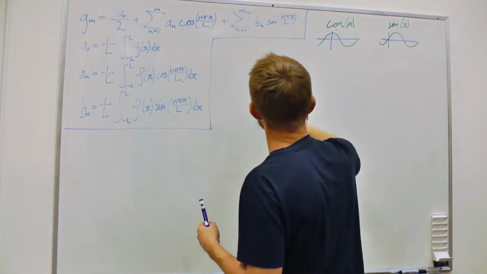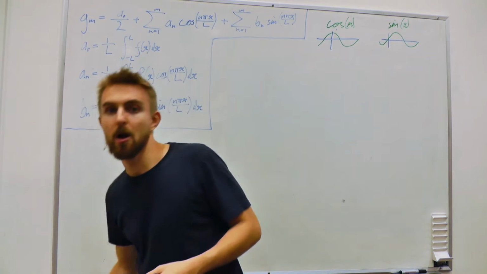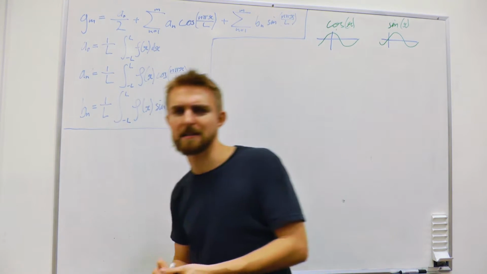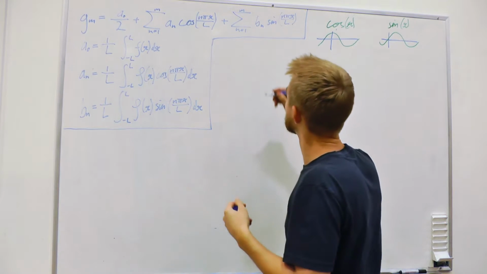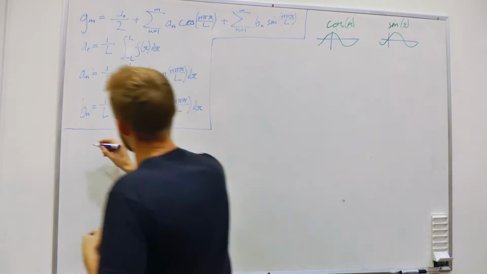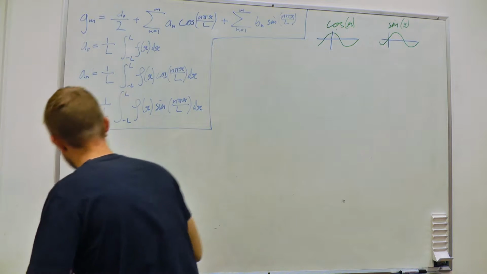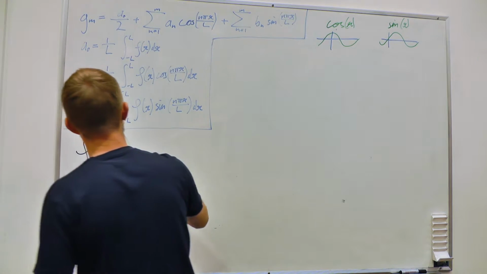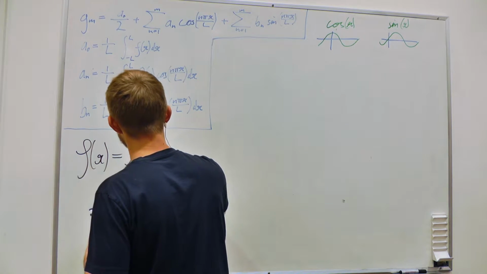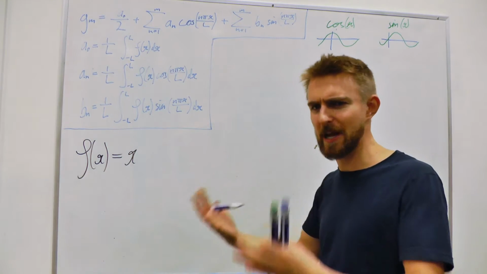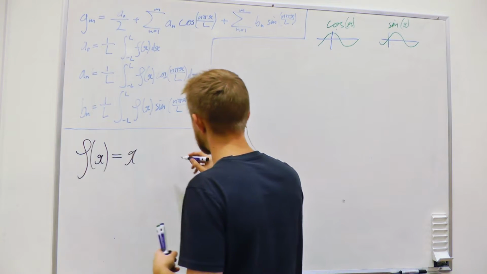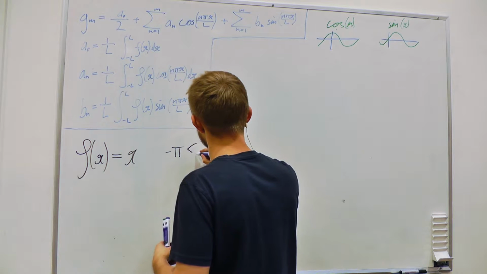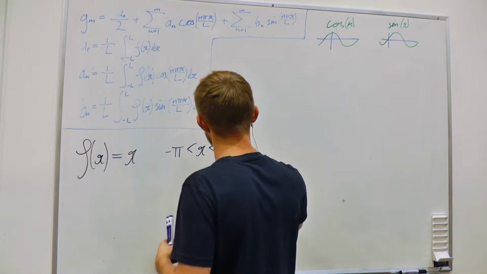What we're going to do is take the example of perhaps the simplest example for Fourier series analysis, which is going to be the function f of x equals x, very simple function, straight diagonal line, in the range minus pi to pi.